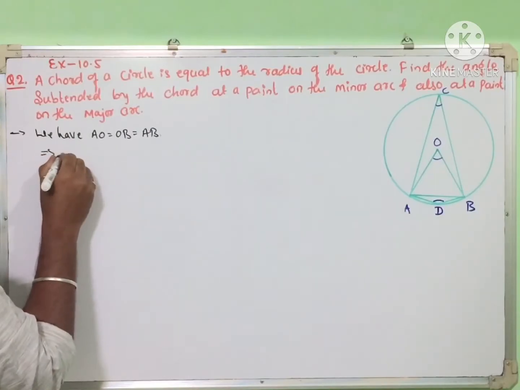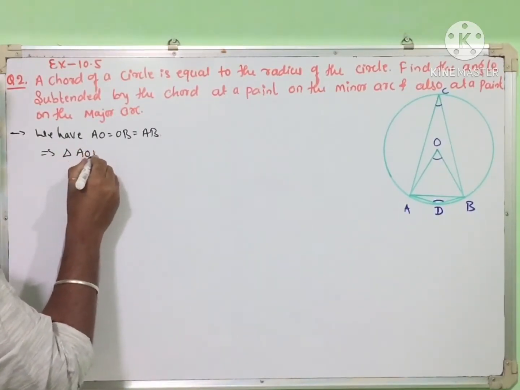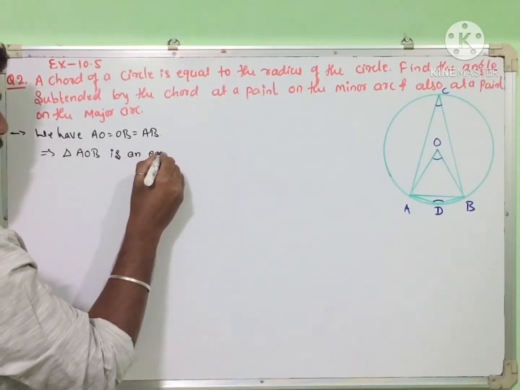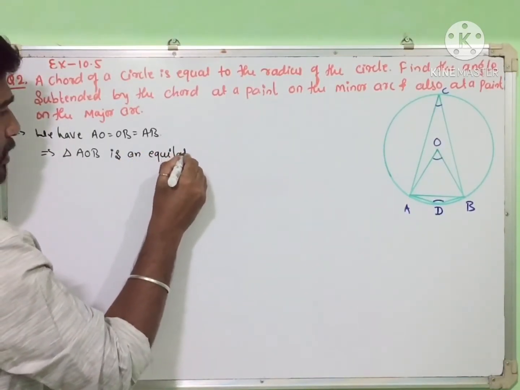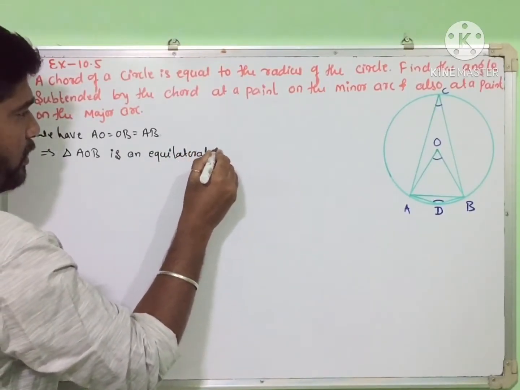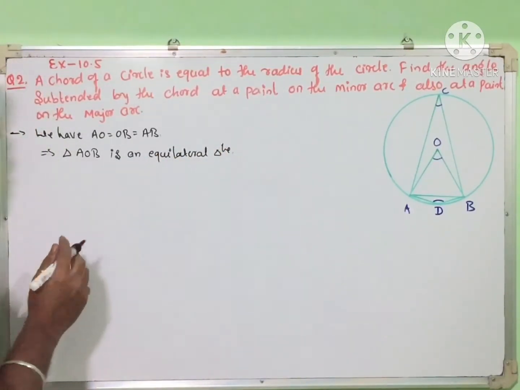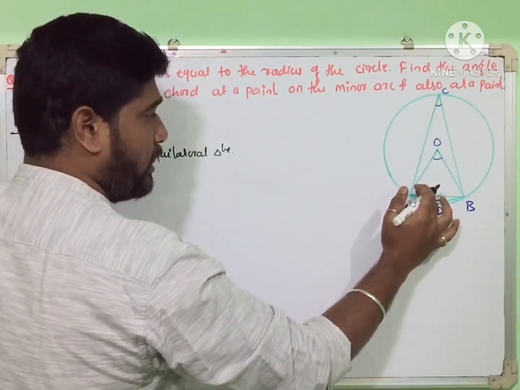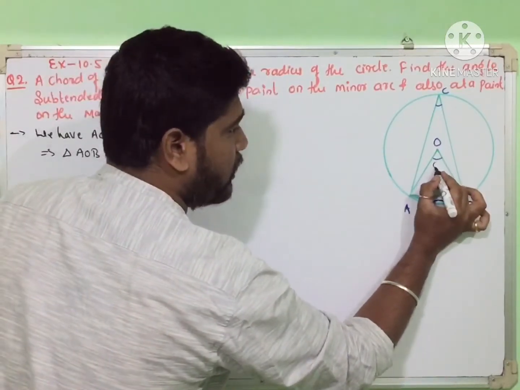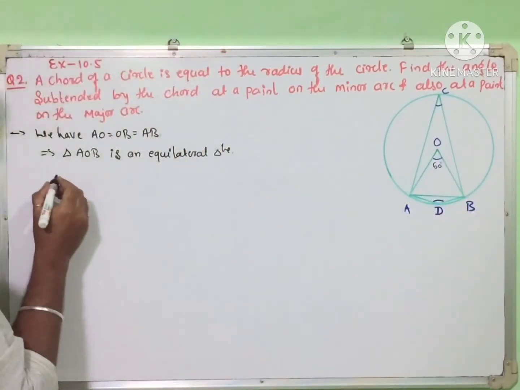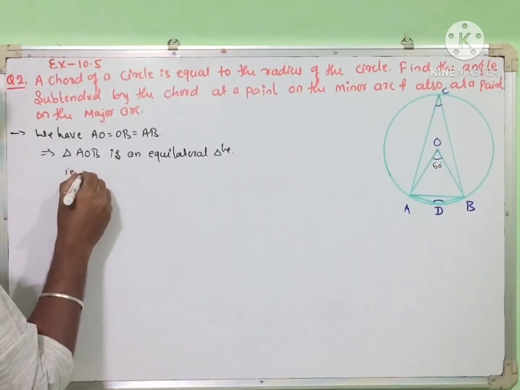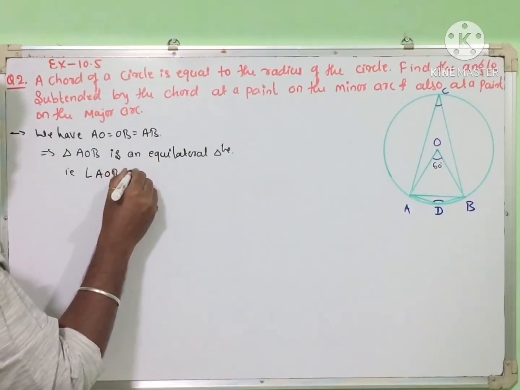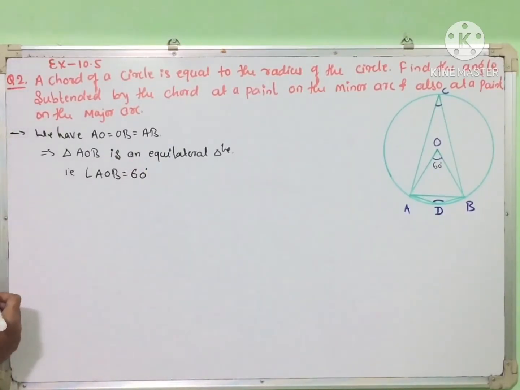So it is an equilateral triangle, right? It means their angles are 60 degree. So this angle is 60 degree. So that is the angle AOB is equal to 60 degree, right?